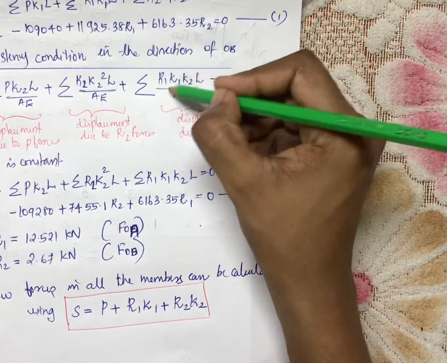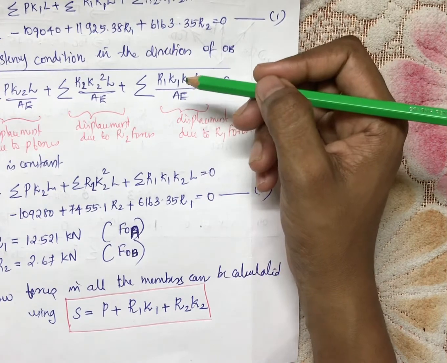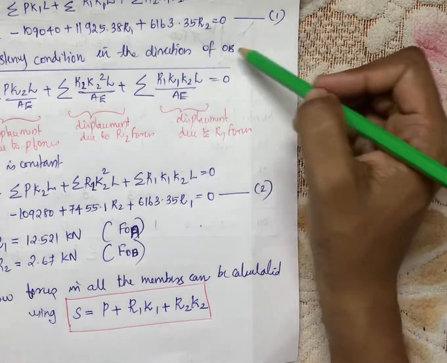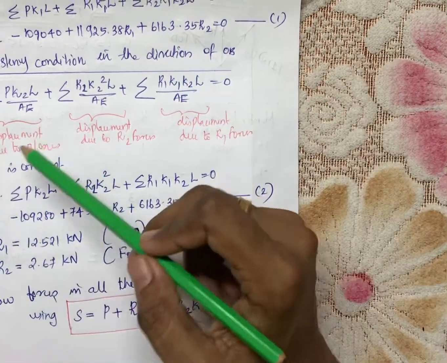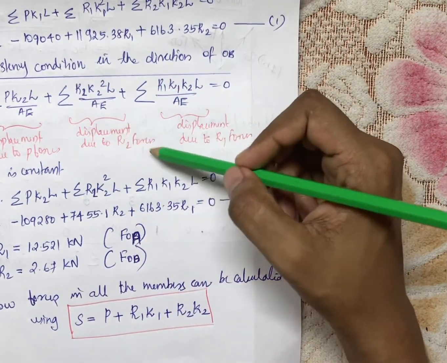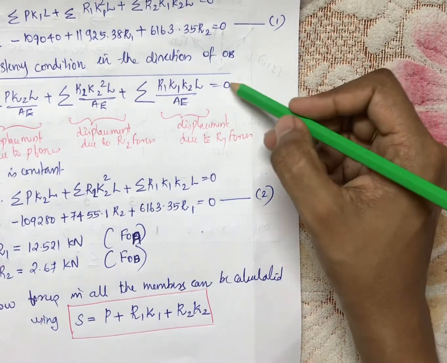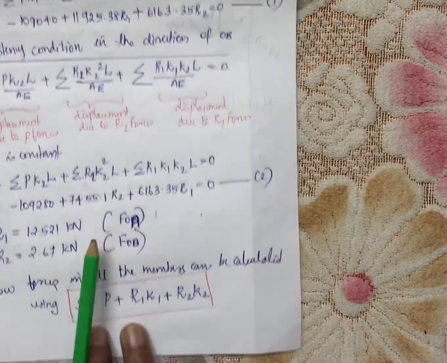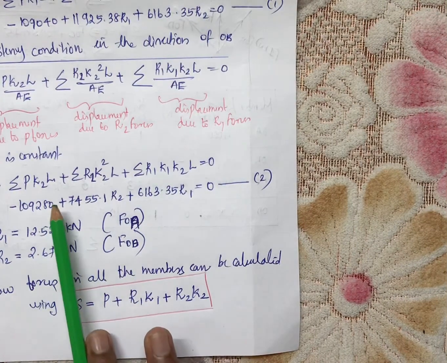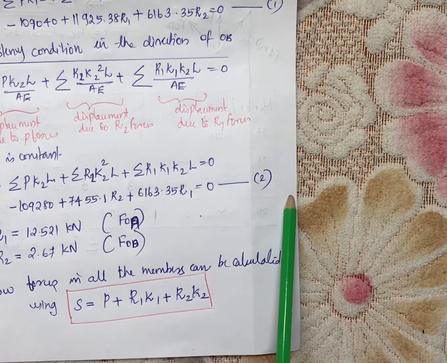Here we are using R1, that is the displacement due to the redundant R1. So in the direction of OB, the displacement due to the P forces plus displacement due to the R2 forces plus displacement due to the R1 forces is equal to 0. Here also A is a constant, so we will get an equation in terms of R1 and R2. Put it as equation number 2.